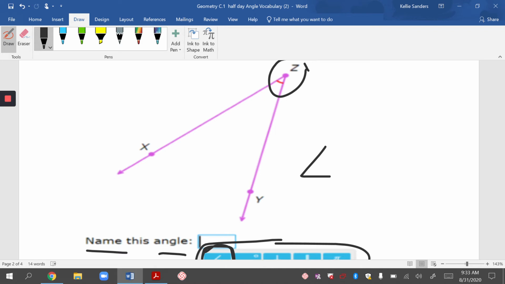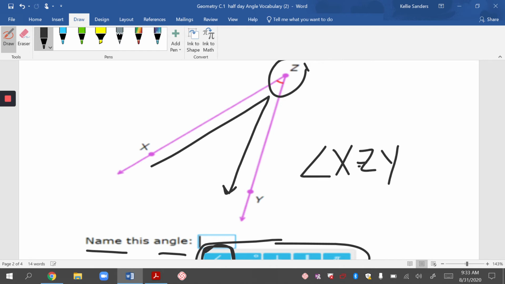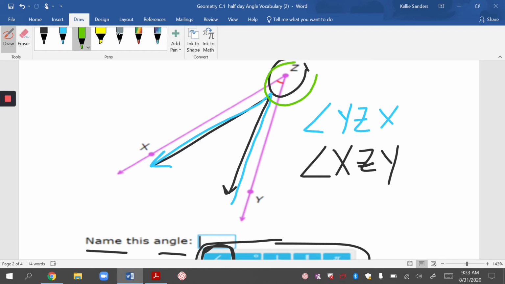So the first one would be going from X to Z to Y. If you use all 3 letters, then the vertex must be in the middle. You could also do from Y to Z to X. And then the other one is just using angle.